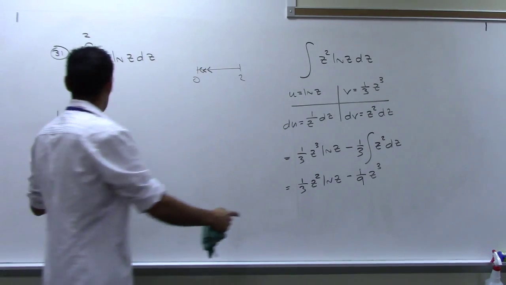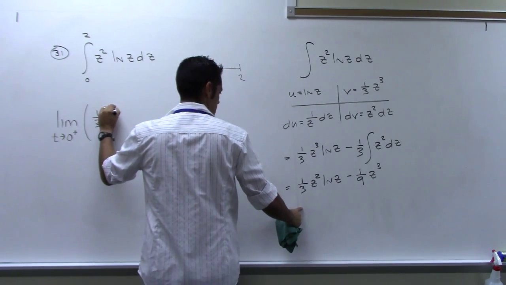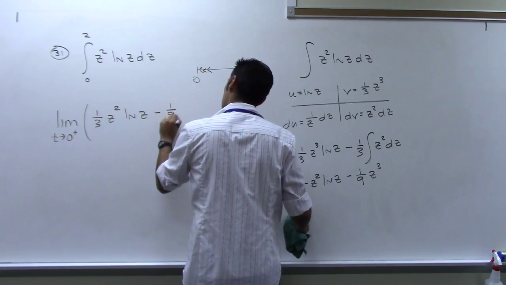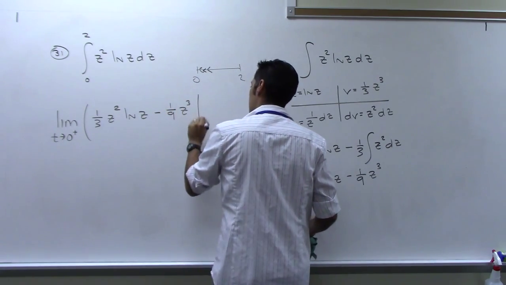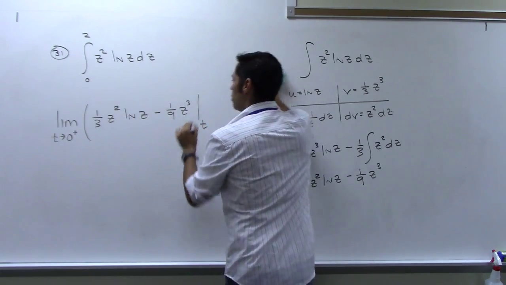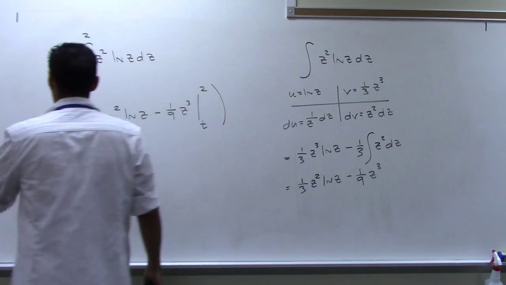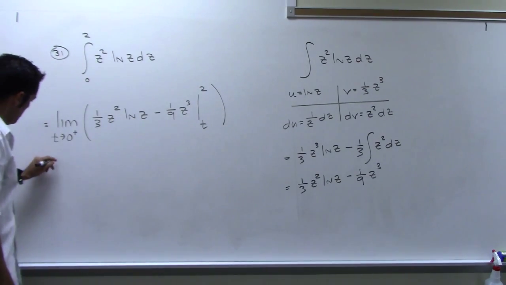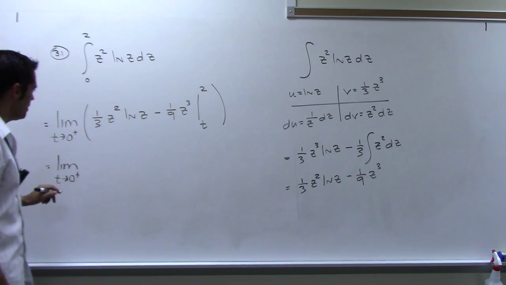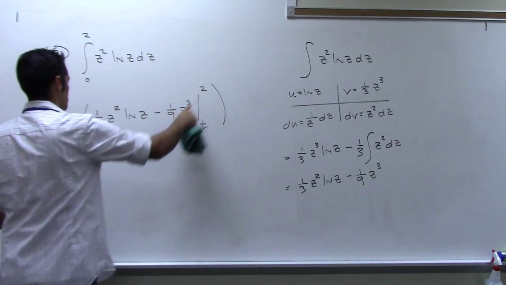So the antiderivative is 1/3 z squared natural log z minus 1/9 z cubed, evaluated. The bottom one was 0, but that's my t, up to 2. So this is equal to the limit as t goes to 0 from the right, and now I have two pieces. First we'll plug in 2.